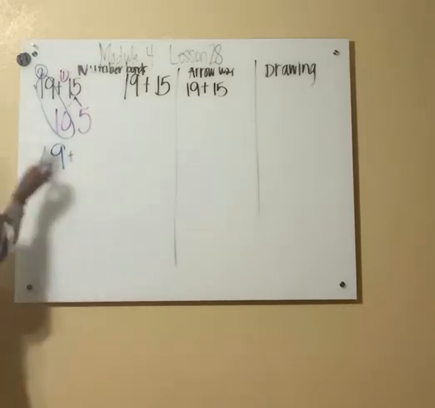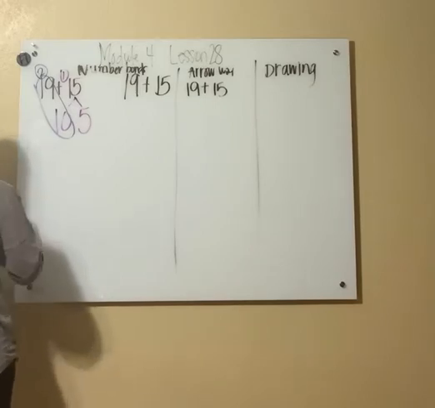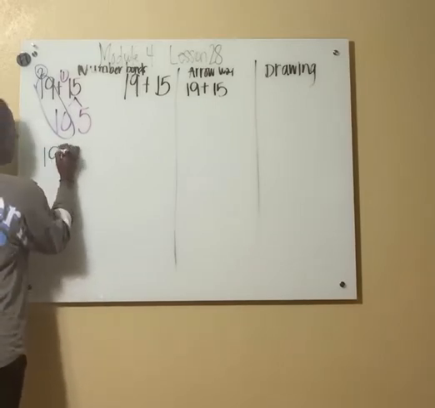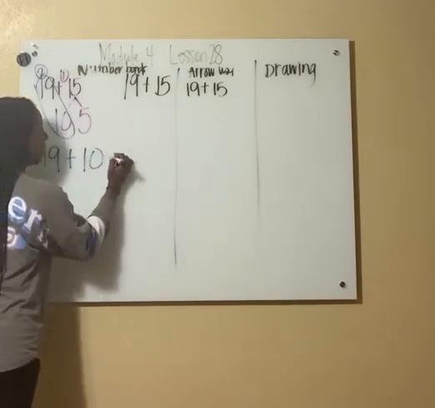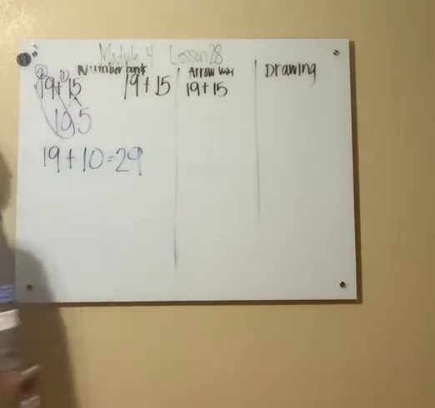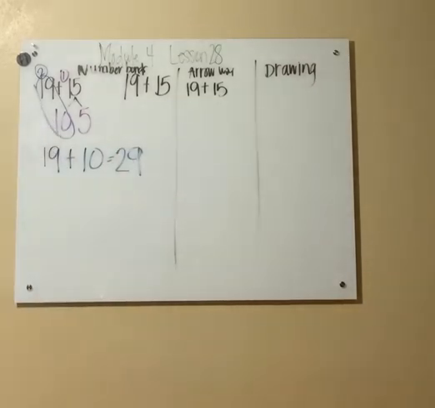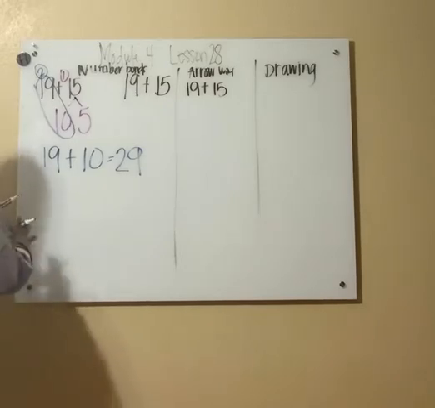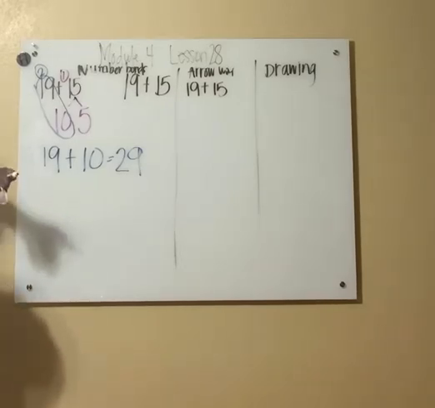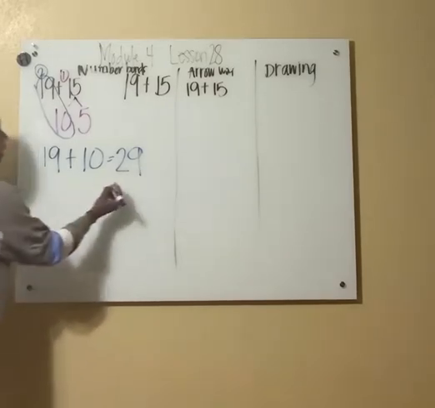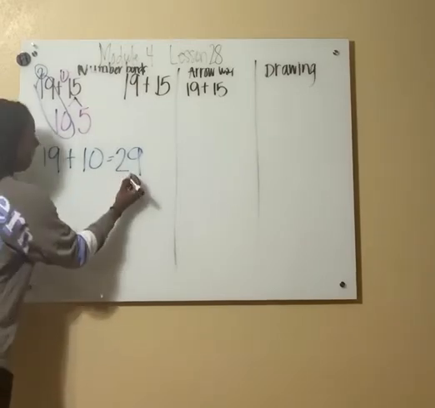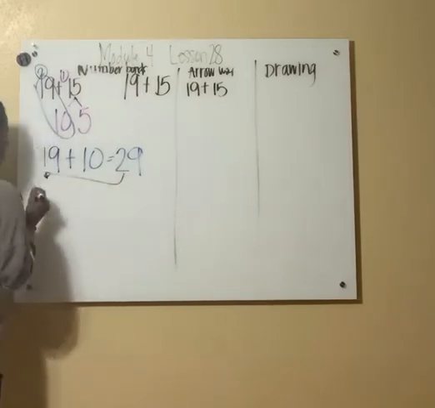So my first number sentence will be, of course, 19 plus 10 equals 29. That's your first number sentence that you're going to write from your second step. The next one, you're going to bring that 29 back around.